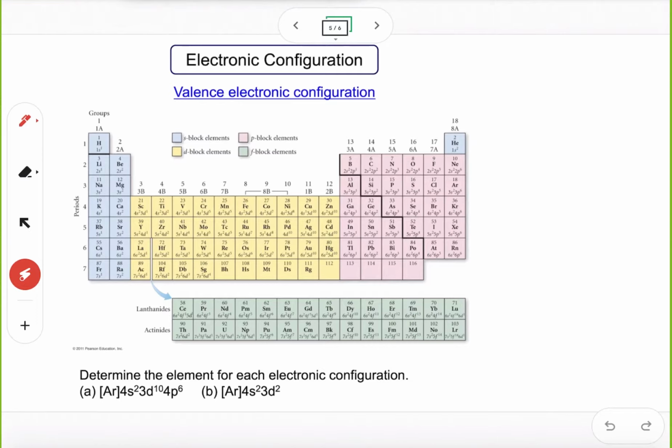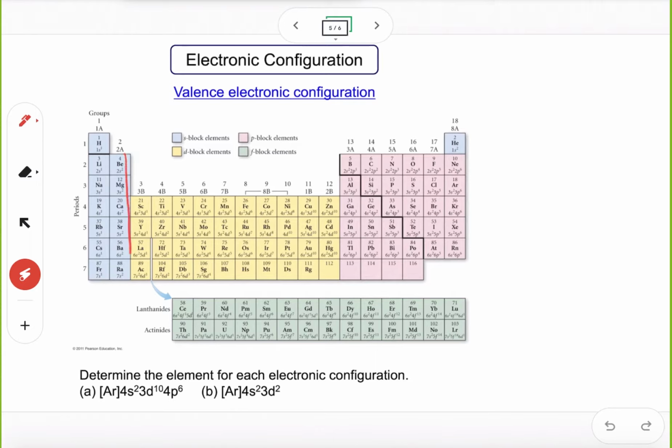And more importantly, if you compare the electronic configuration, the valence electrons, you will see that they have similar valence electrons. For instance, the first group here, lithium, sodium, potassium, they have 1 electron on the s orbital.